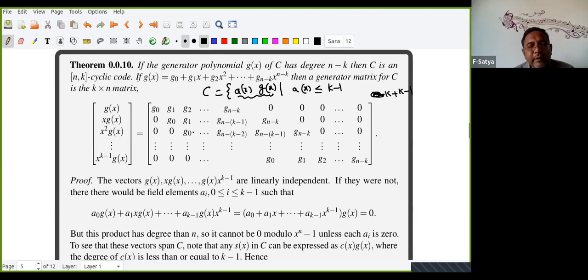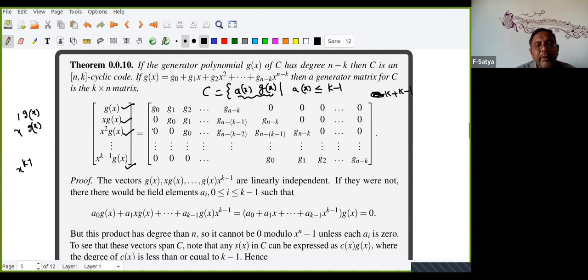Basically, what I want to say is that these are the basis now. That is quite easy. For polynomials of degree at most k minus 1, what is the basis in general? Don't worry about g of x: 1, x, up to x power k minus 1. But now these are multiplied by g of x also. So a of x into g of x is a linear combination of g of x, x g of x, x square g of x, up to x power k minus 1 g of x.